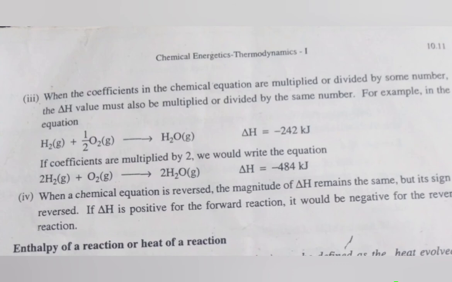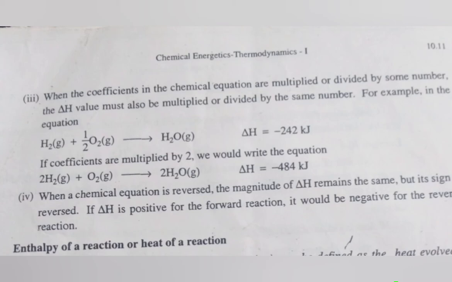That means whatever mathematical operation we do for a chemical equation, the same operation has to be done for the delta H value also. That's an important point. Once again, whether division or multiplication, the same operation has to be done for the delta H value.